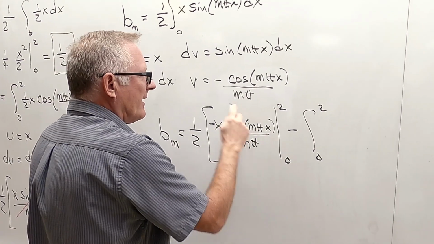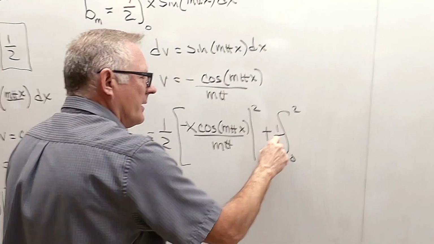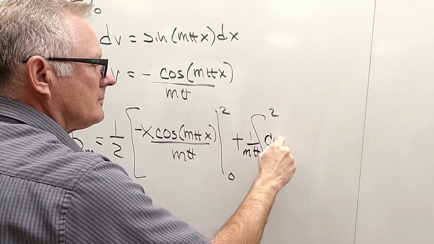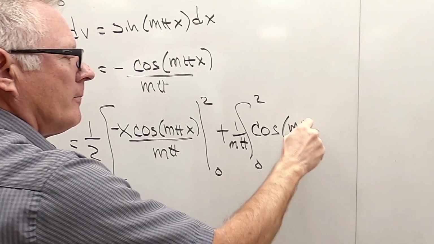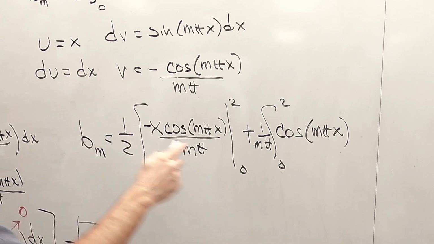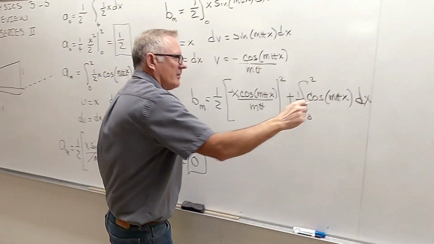This, I can pull out the minus 1 over m pi, that's plus 1 over m pi, cosine m pi x du, dx. Okay, close that off.